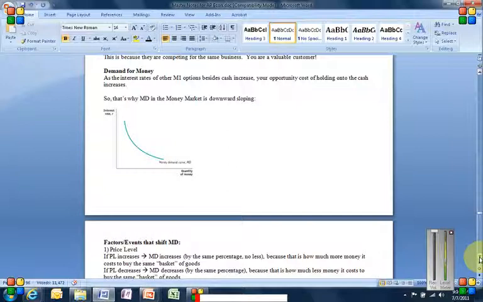You can put it in one of these other sources of money. And that's why the money demand curve in the money market is downward sloping from left to right. The interest rate or the opportunity cost becomes greater for you to hold on to that money as other options also increase in terms of the interest rate.